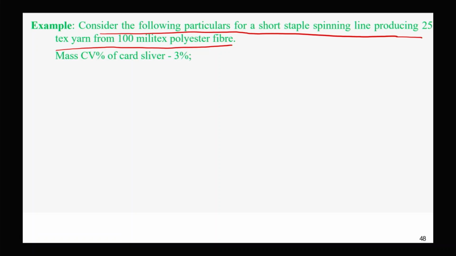So the number of fibers in the yarn cross section will be 25 divided by 0.1, since 100 millitex means 0.1 tex. So it will become 250 fibers in the yarn. So n in the yarn will be 250.